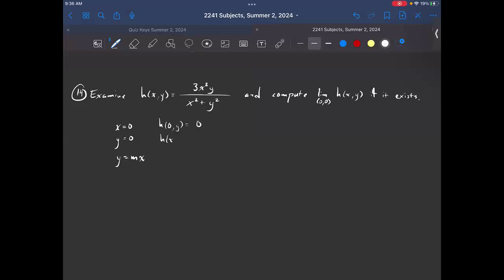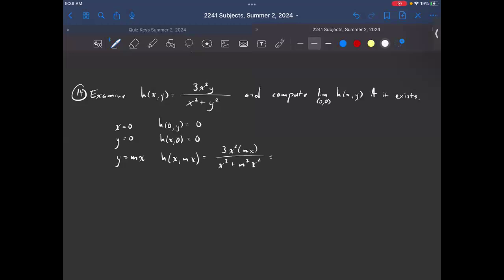H of x0 is also 0. And h of x mx, what does this one look like? 3x squared mx over x squared plus m squared x squared.